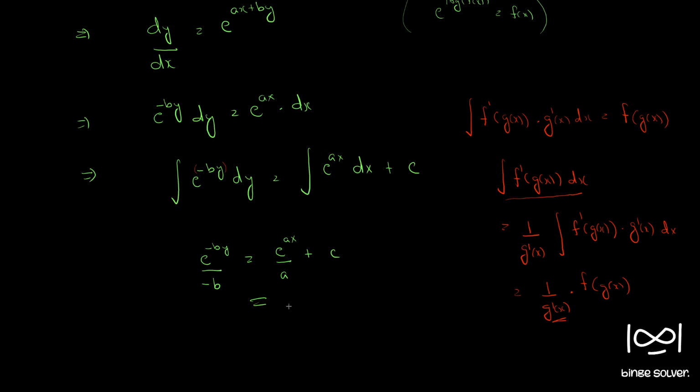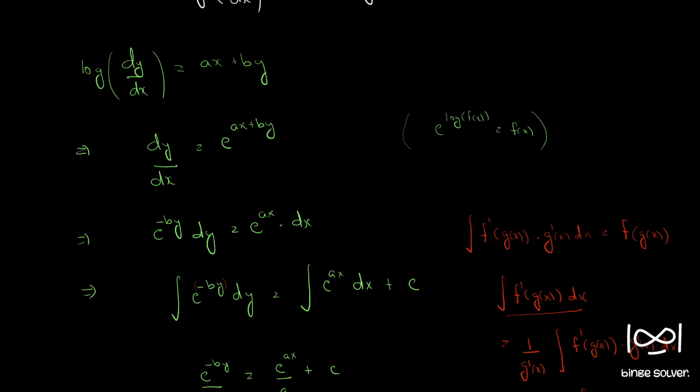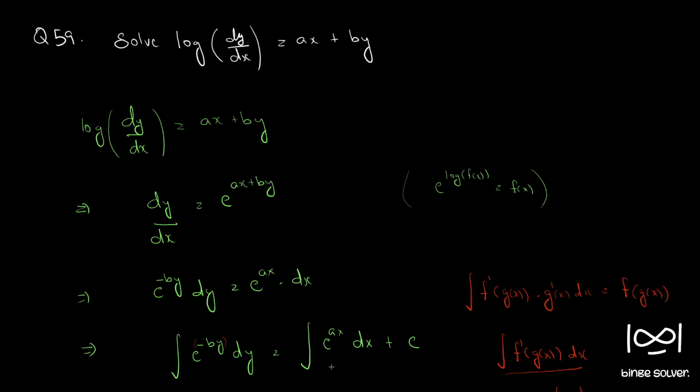It is essentially like dividing by minus b and multiplying by minus b inside, so we can integrate e raised to minus by, ignoring the minus b part. So I hope you understood. So that is the solution to question number 59.